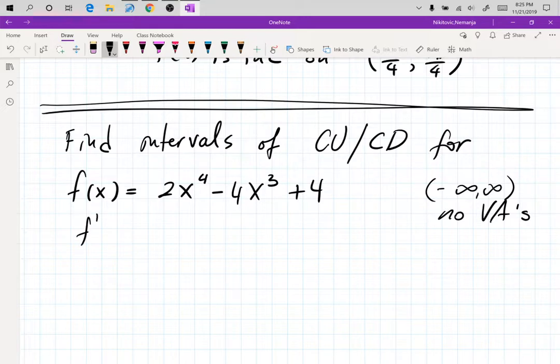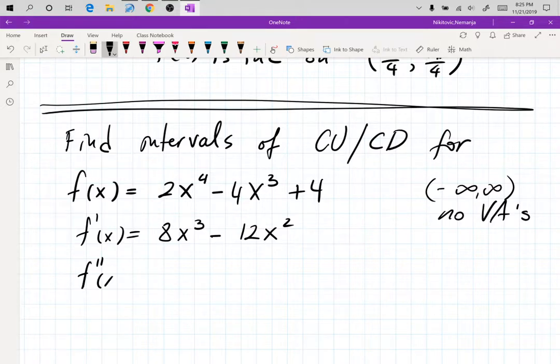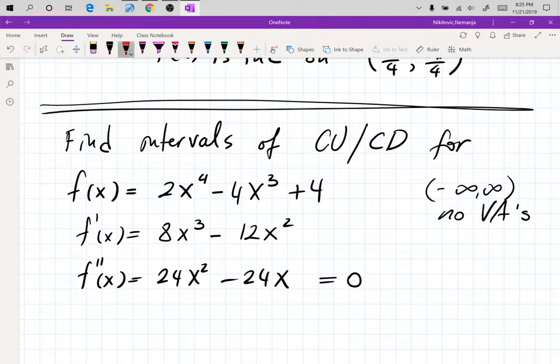We need the second derivative, but to get there we have to get the first one first. So 8x cubed minus 12x squared, 4 dies. And then the second derivative is 24x squared minus 24x. This is the one that we set equal to 0 to find inflection points.